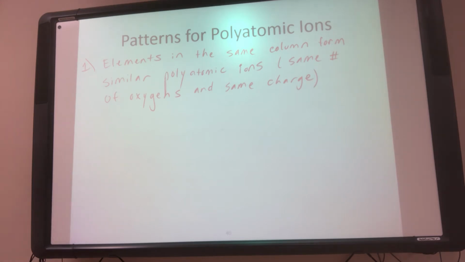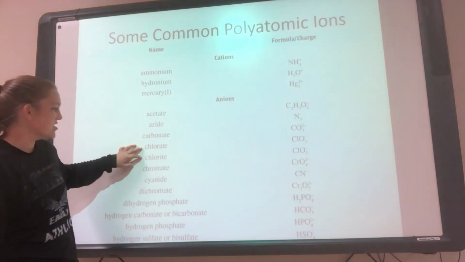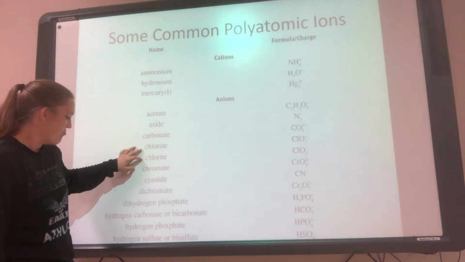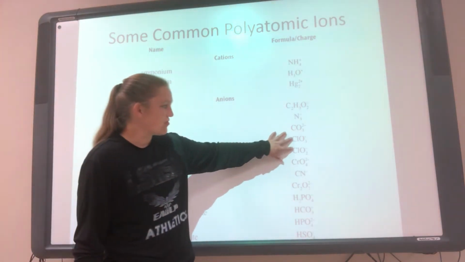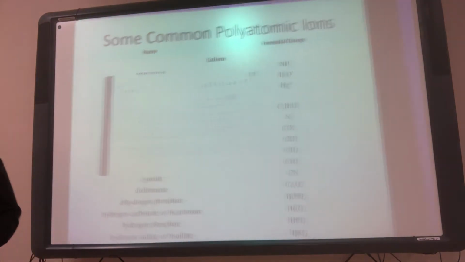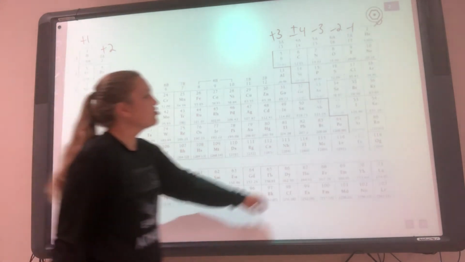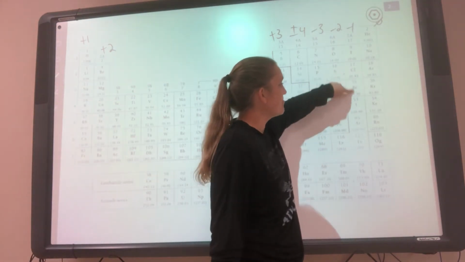So what I mean here is if we go over here, we have chlorate and chlorite, okay? I have those with the chlorines here, but I don't have any with bromine. And if you've noticed, chlorine and bromine are in the same column.